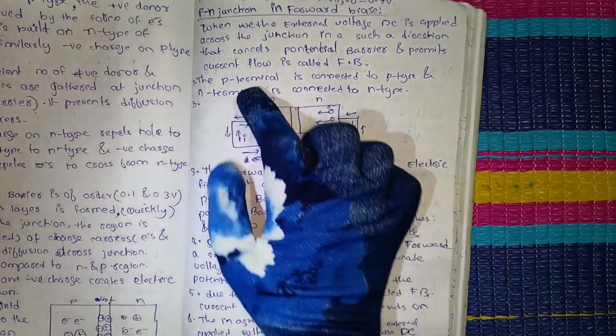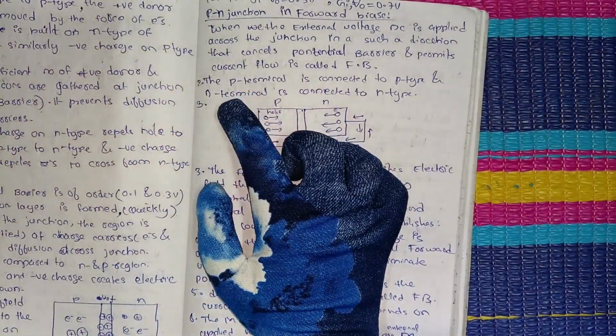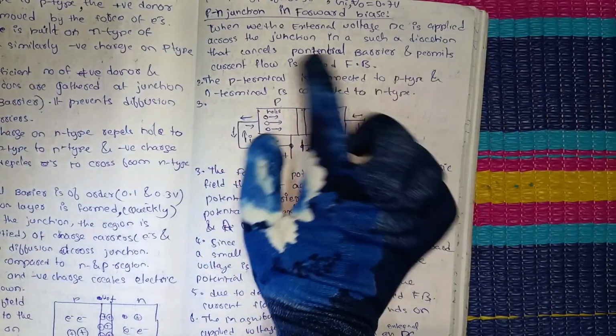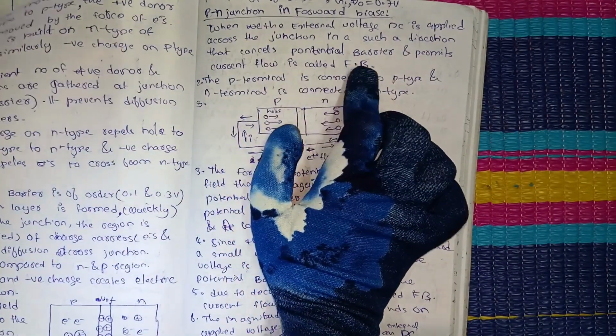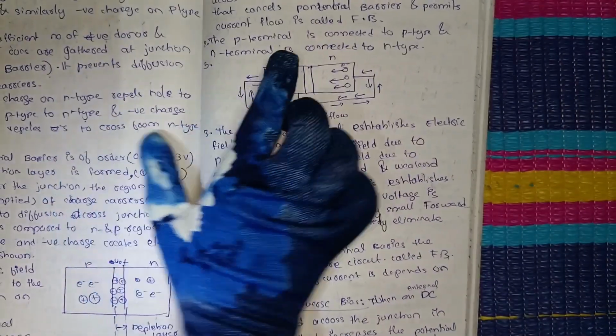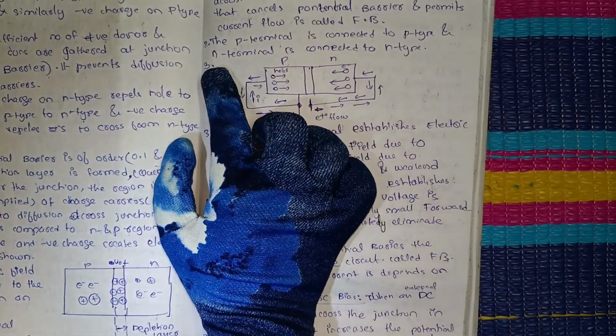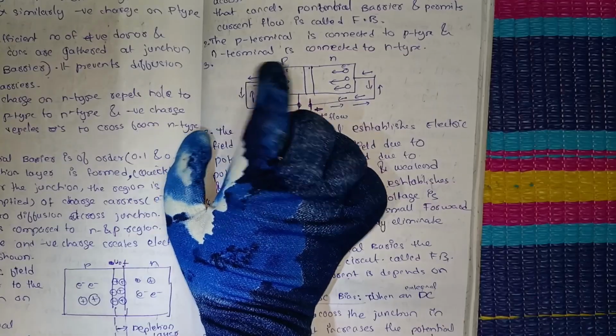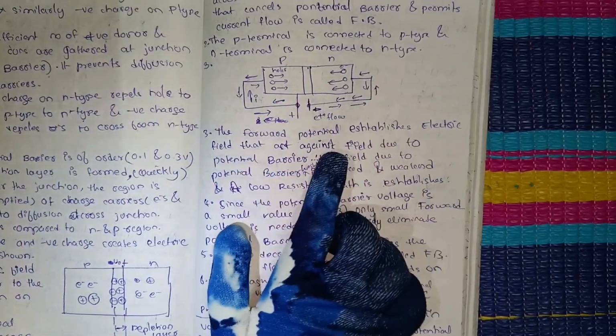So this permits current flow, called forward bias. The positive terminal is connected to p-type material, and the negative terminal is connected to n-type material.